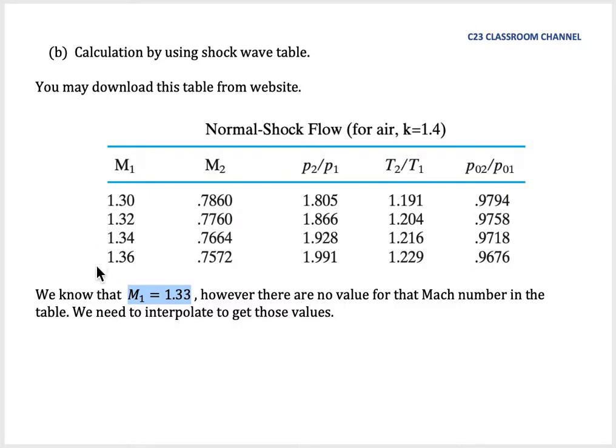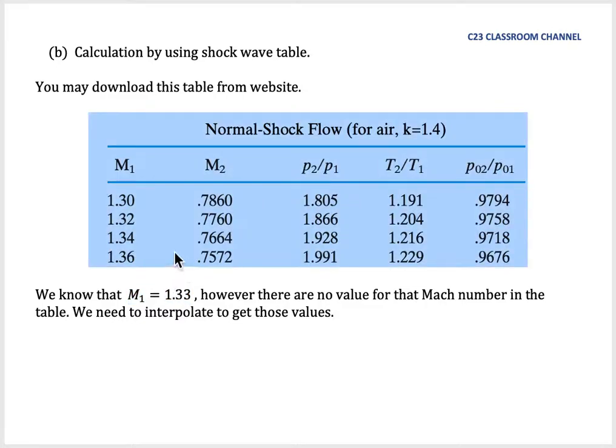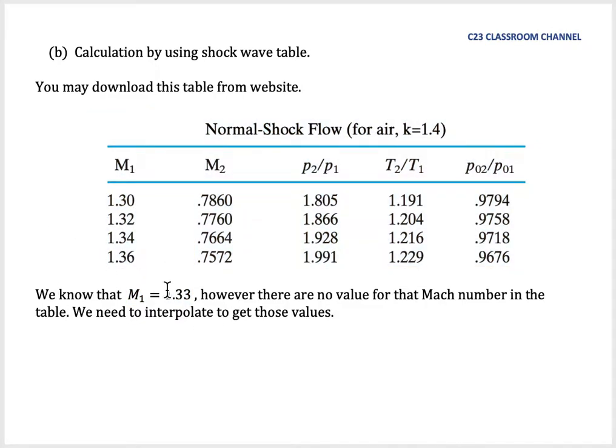What you need to do is you need to interpolate to get the value of Mach number 2, the value of ratio P2 over P1 and T2 over T1. I think you are capable to do this. I will explain it here a little bit. So just imagine that we have 1.33 in between of 1.32 and 1.34 here.